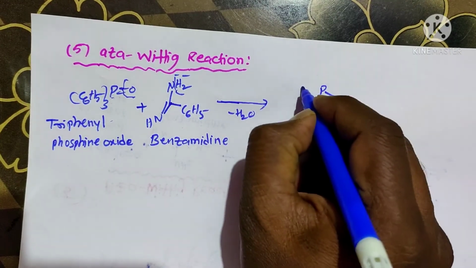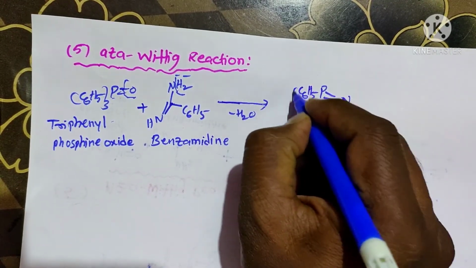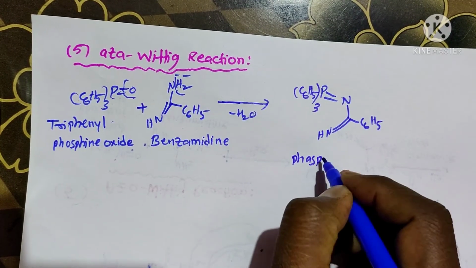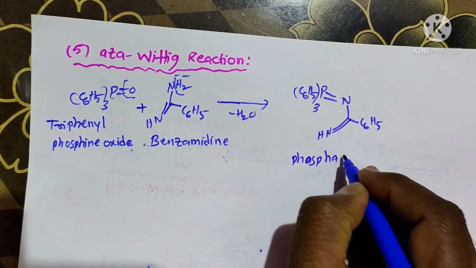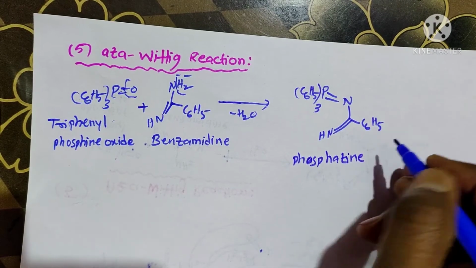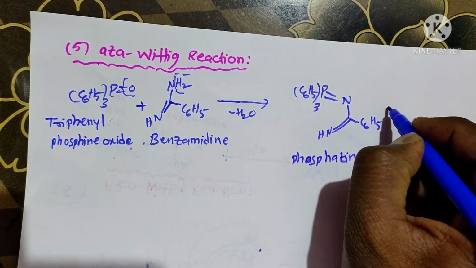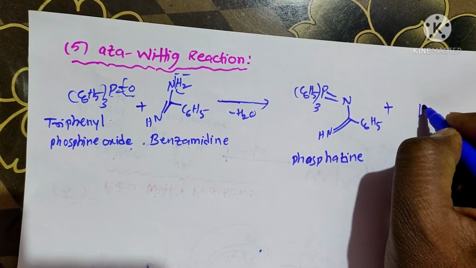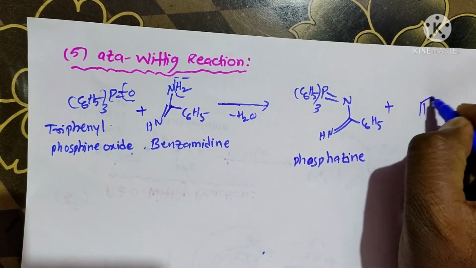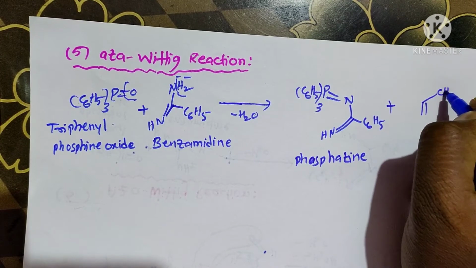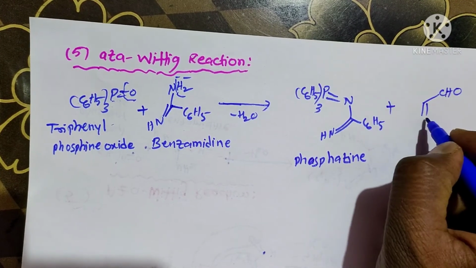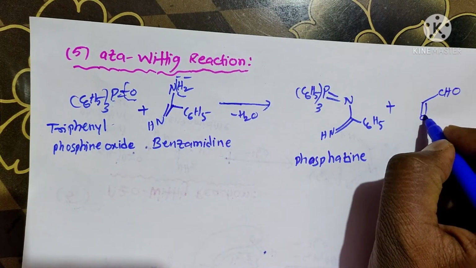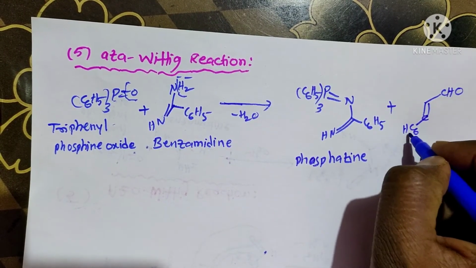And here we are having 3 phenyl groups. So this is known as the phosphorane product. And then it is treated with cinnamaldehyde, an alpha beta unsaturated aldehyde. Cinnamaldehyde, so here we will put C6H5.